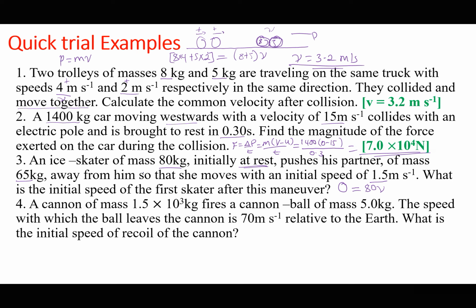So let's say 0 is equal to 80v plus, the other one is 65 times the speed of 1.5, because the partner moves at a speed of 1.5.